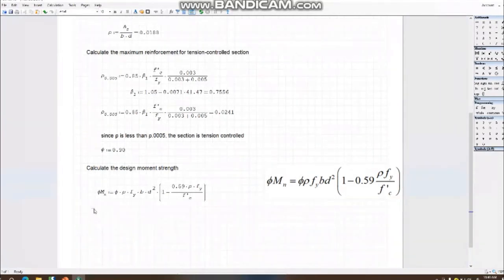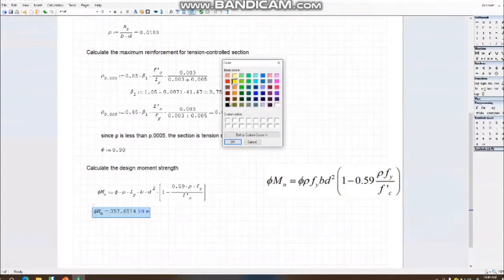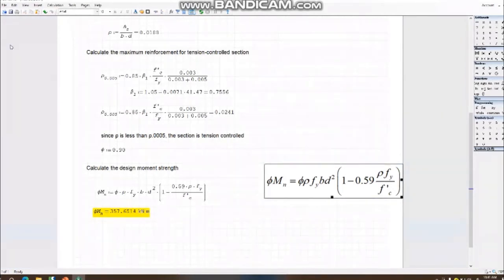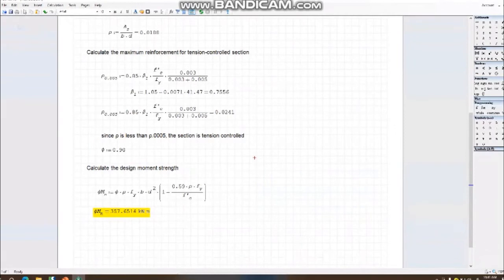So you can calculate now the moment strength. So it's automatic. Okay, so this is 357.6514. So, our method 2 is wrong. So, take this 357.